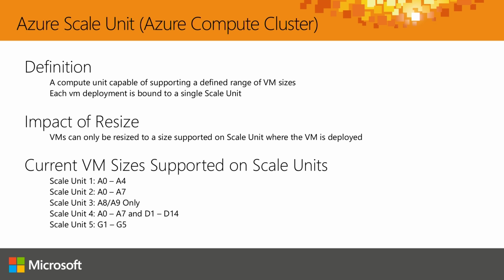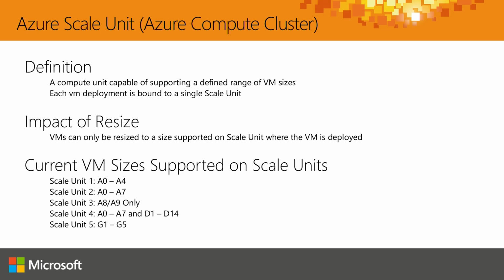Scale unit 4 is A0 through A7 and the D series as well, so this is a more modern data center. It's kind of cool if you provision a workload inside the Sydney data center here in Australia, East Australia, and you provision it as an A4, let's say. You'll have the drop-down box capability of going either on the A's or even moving over to the D's potentially.